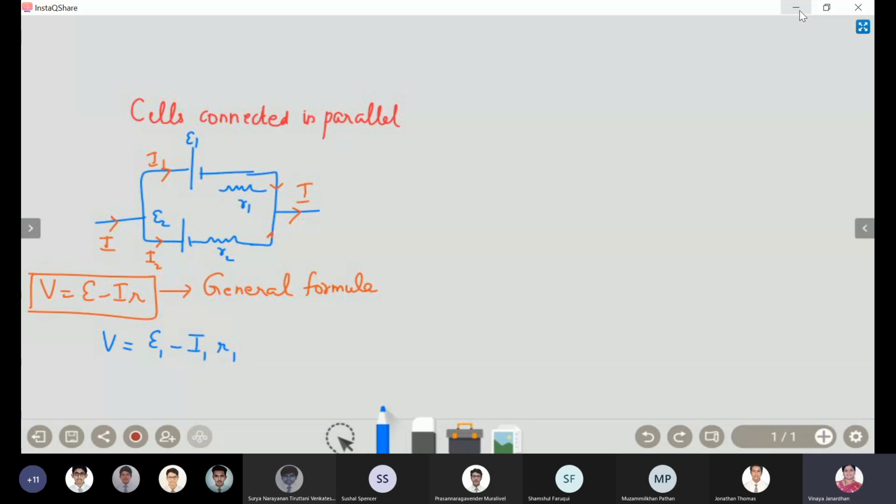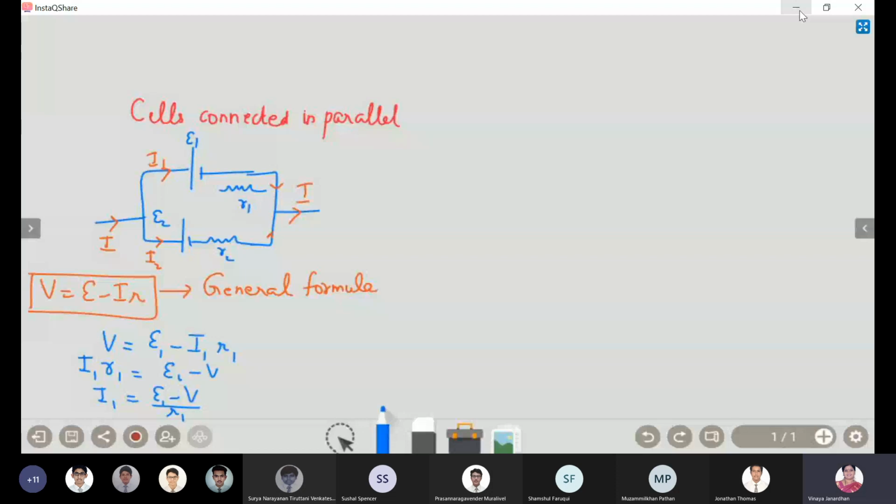Is that correct? Okay. So now get me an equation for I1. I1 R1 will be equal to E1 minus V. So I1 is E1 minus V divided by R1.